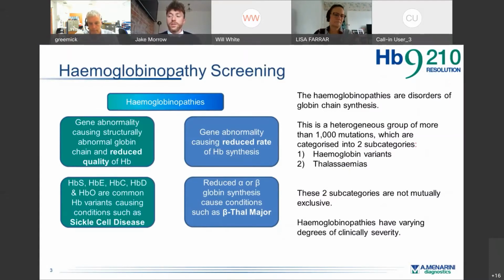There are over 1,000 globin chain mutations that can cause hemoglobinopathies. On the left here in green, you can see hemoglobin variants, and on the right in blue, thalassemias. It's convenient to subcategorize hemoglobinopathies into two groups. Hemoglobin variants are structurally abnormal globin chains that reduce the quality of hemoglobin.